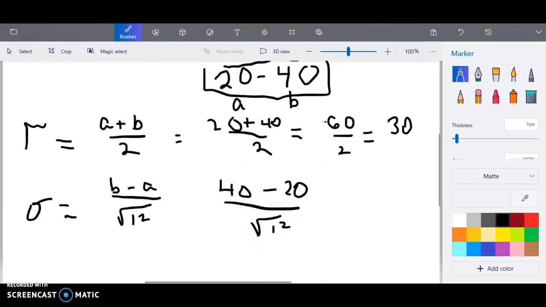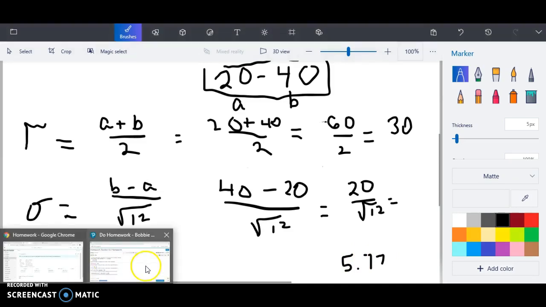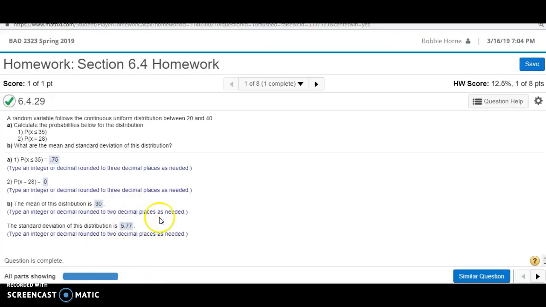If you put this in your calculator, 40 minus 20 is 20, divided by the square root of 12. We'll round to the second decimal place, so 5.77. And that is what you get for the standard deviation.